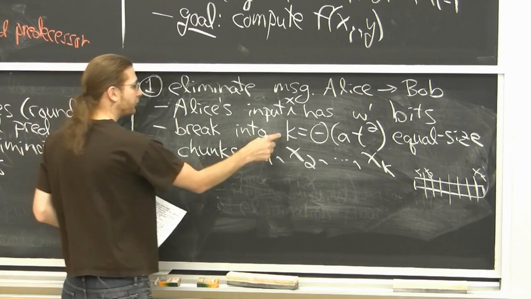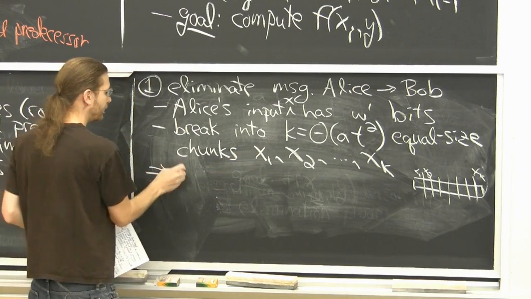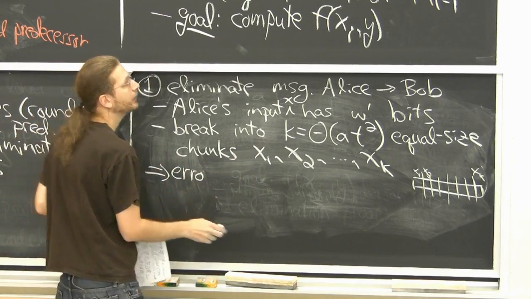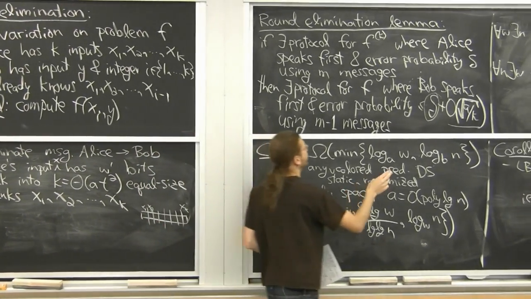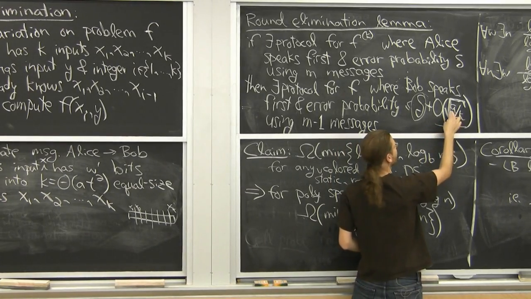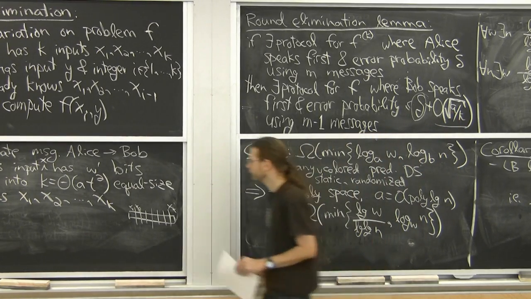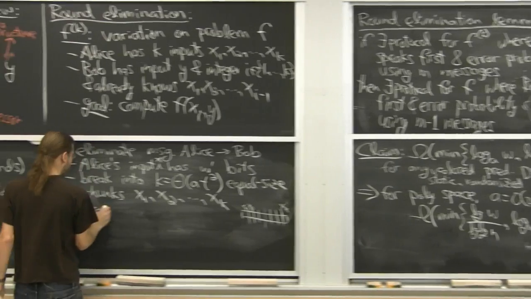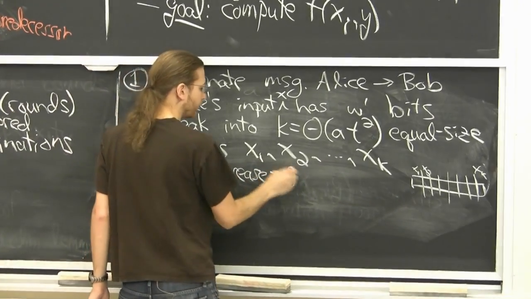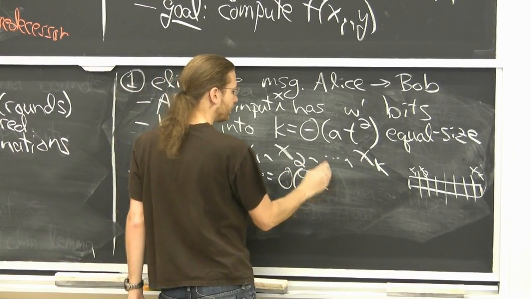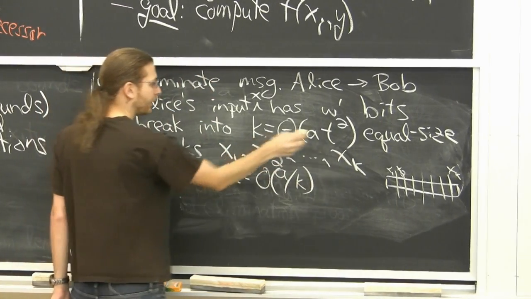So why is this a good choice of k? Because if we look at the error increase we get from here, the error increase is square root of a divided by k. Which is order a over k, where k is now this.